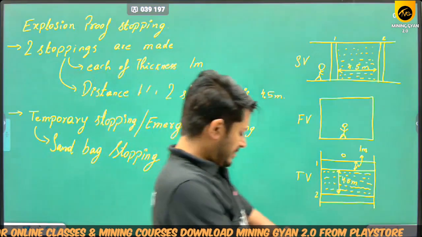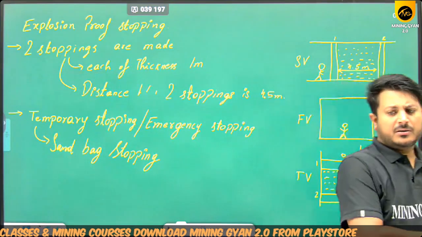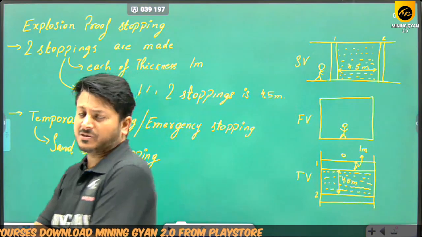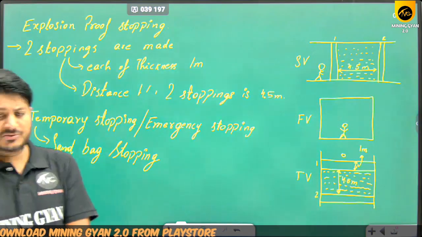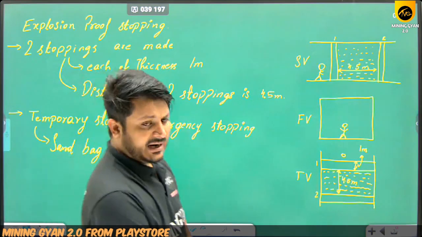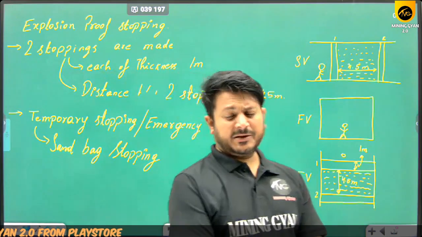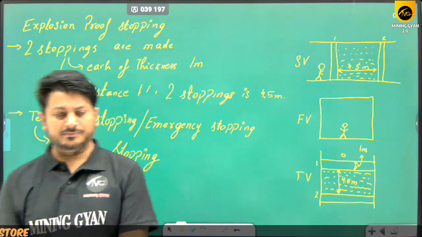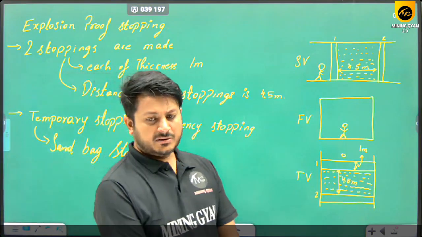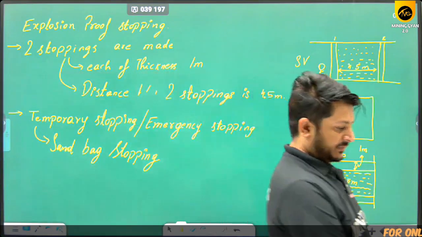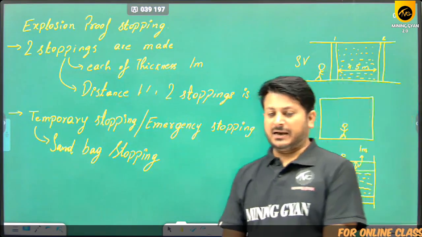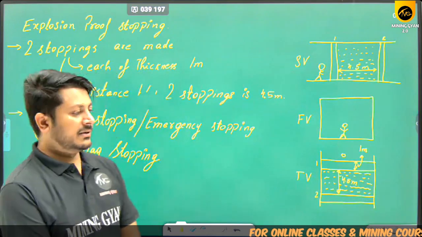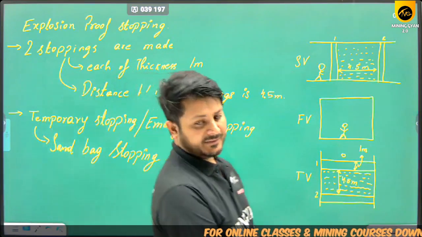It is made with gypsum. It is also known as gypsum stopping because quick setting gypsum is also used for its construction. And the thickness of this stopping is 2 meter. Okay. And if the height of the roadway is more than 3 meter, then its thickness will be 2.5 meter.